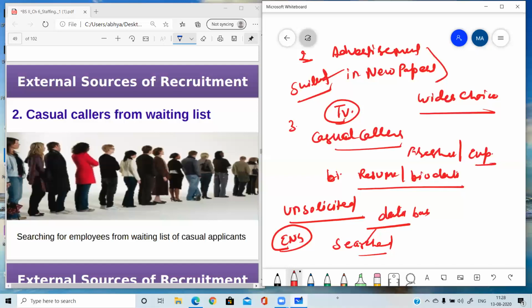So this is known as casual callers, and if these records are maintained properly they can be useful as a source of recruitment. Without any wastage of time or money, we can get the employees through these sources.